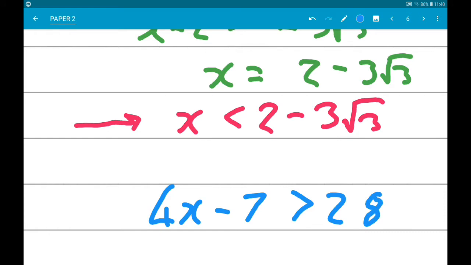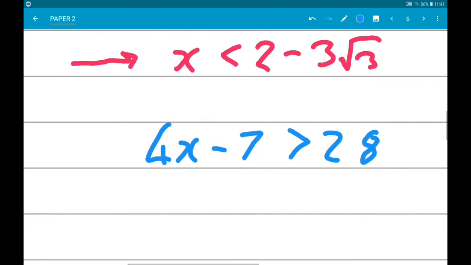So, add 7 divided by 4, we get x is greater than 35 quarters.